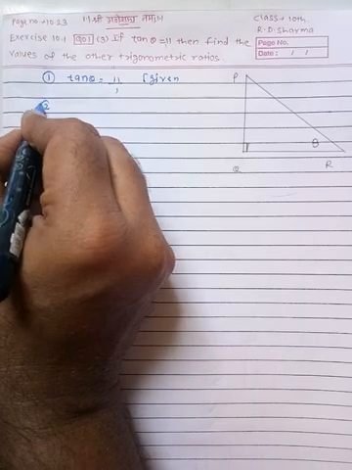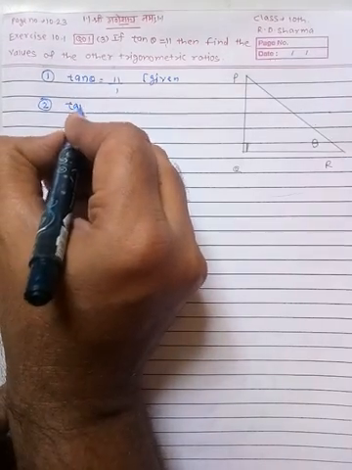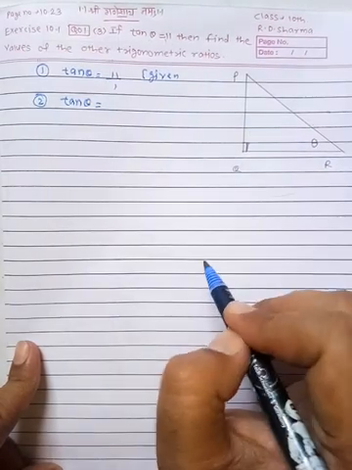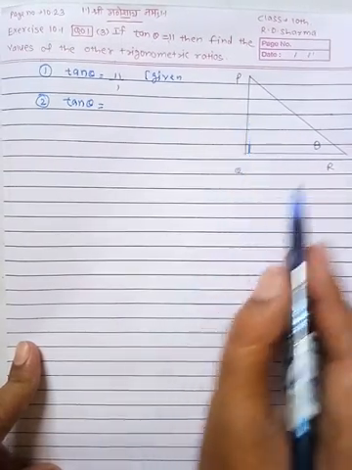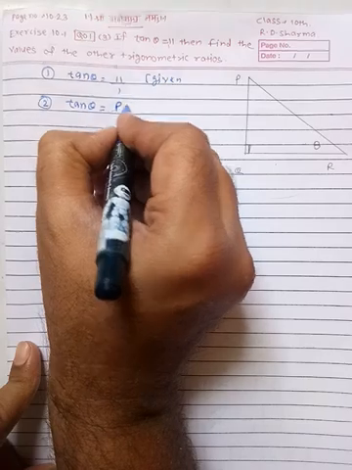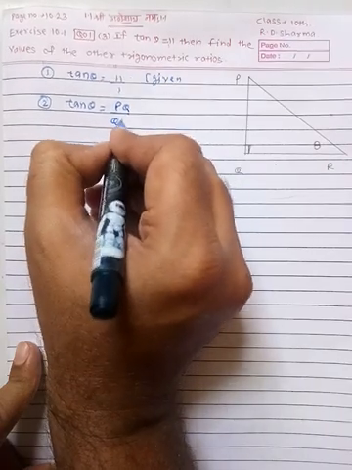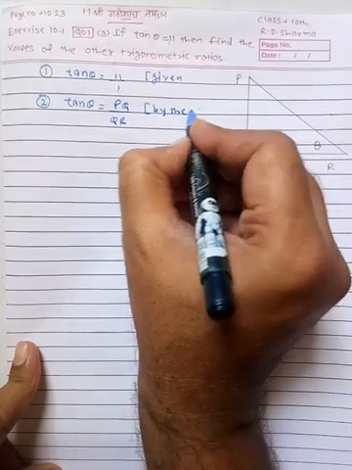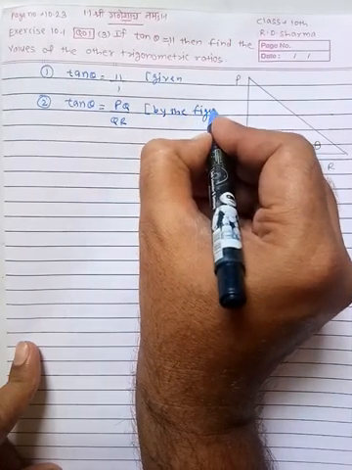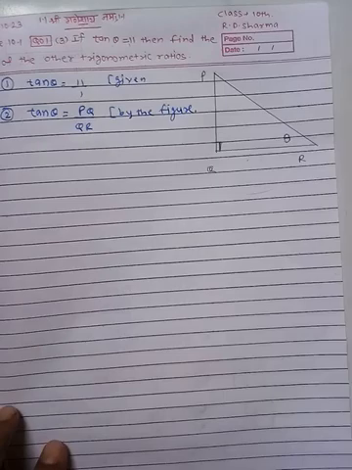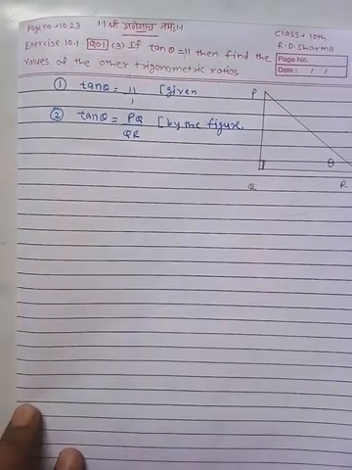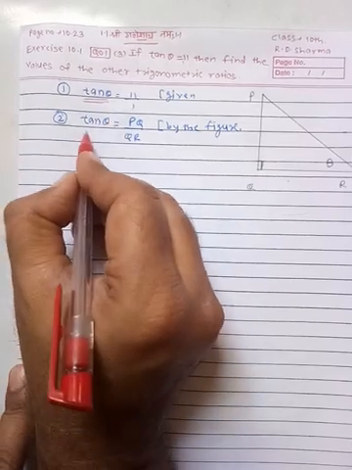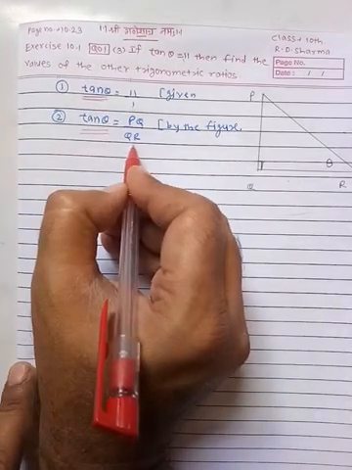But according to the figure, observe the figure, tan theta means opposite side upon adjacent side, PQ upon QR. Here tan theta is equal to 11 by 1. Tan theta equals PQ by QR.